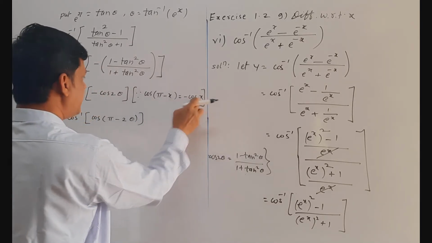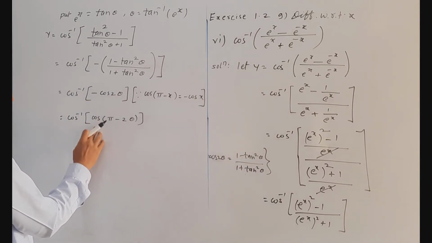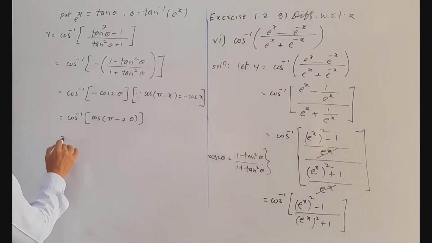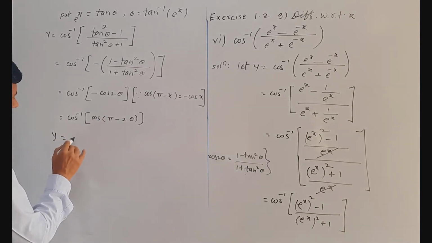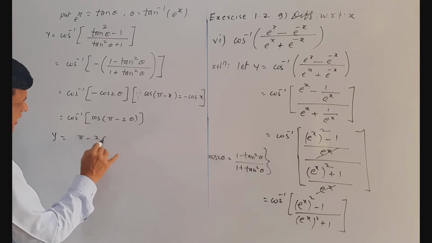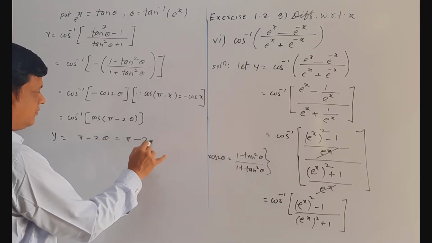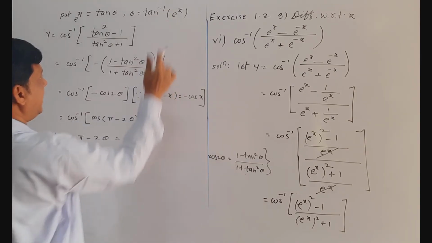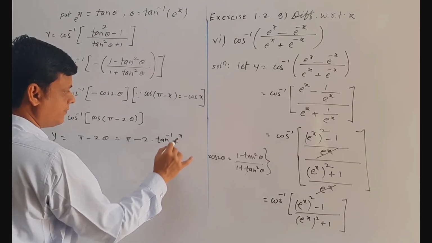Here instead of x we have 2 theta. So we write this minus cos 2 theta as cos of pi minus 2 theta. Now here cos inverse and cos get cancelled. So we write here y is equal to pi minus 2 theta. So we write this theta as tan inverse of e raised to the power x.